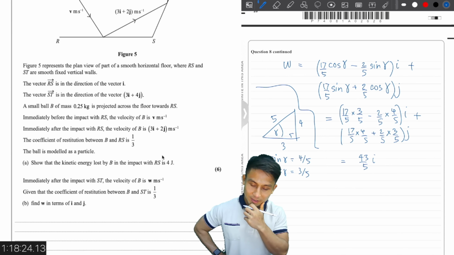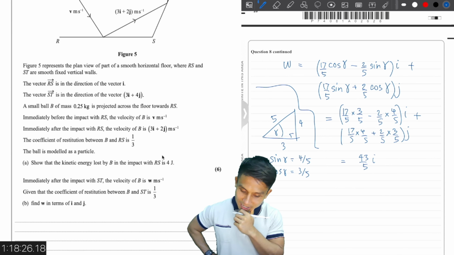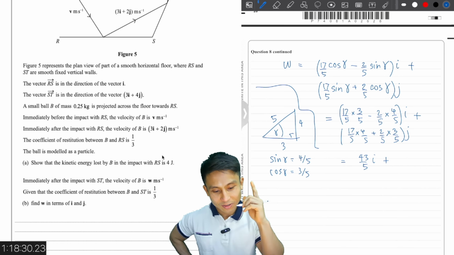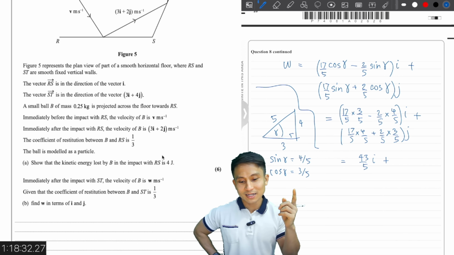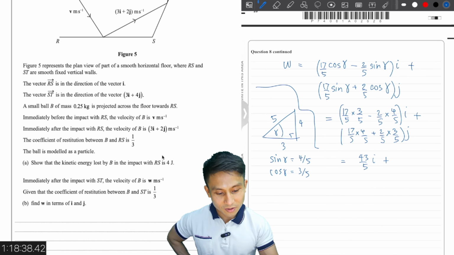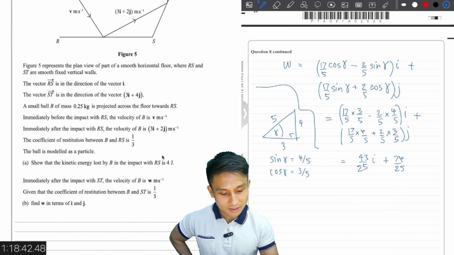Is that right? 51 minus 8, yeah, 43 plus the j, so that's 68. Yeah, 68 plus 6 is 74 over 25. I forgot, this should have been 25. Yeah, j.